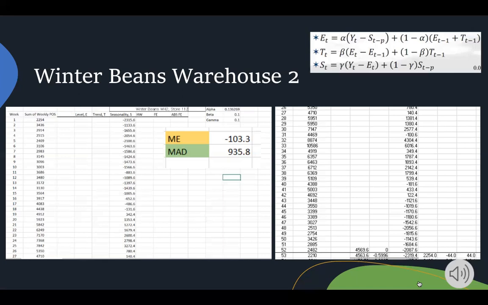After finding that, you can later find the seasonality, and then you can find the HW by adding the level, the trend, and the seasonality, where you can later find the FE and absolute FE. Therefore, this gives you the information to find the ME, which is the average of the FEs, and the MAD, which is the average of the absolute FEs.